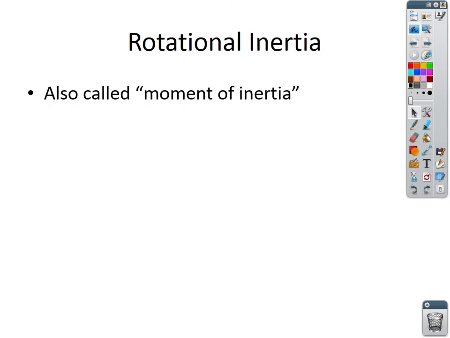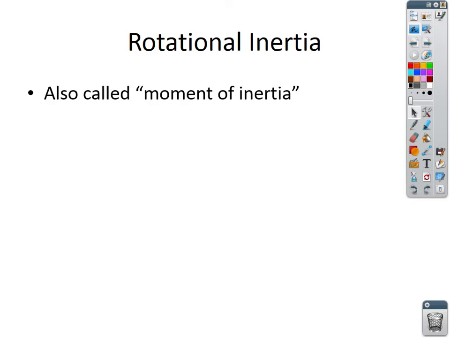An old name for rotational inertia is the moment of inertia. This is still used in some textbooks, but in AP Physics, we refer to it as rotational inertia. That's how it comes up on the test. But if you ever see this term on a worksheet or when studying additional material, it's always been called moment of inertia as well.